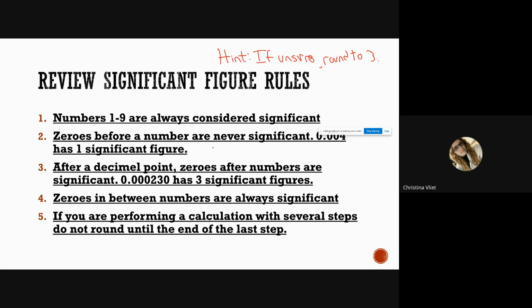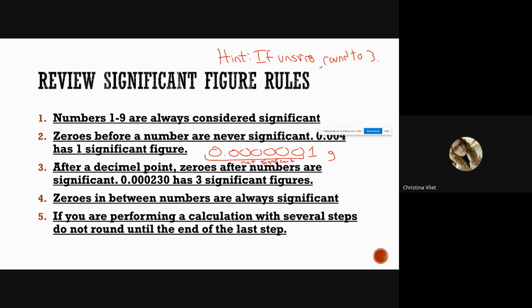Zeros before a number are not significant. If the 0 occurs before the non-zero number, reading left to right, it's never significant. It is literally just there to hold the place of how small that number is.